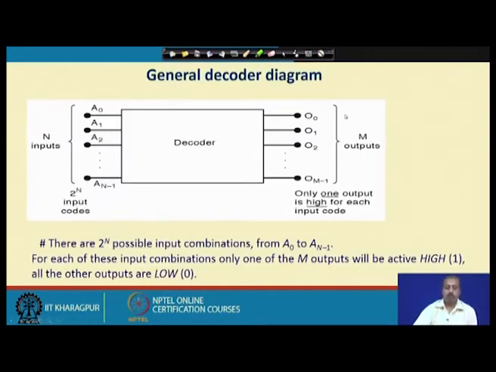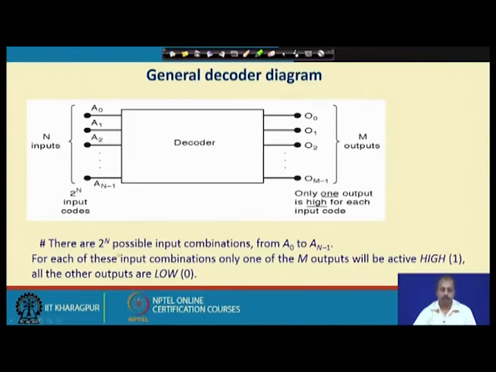In a general form, we have A0 to An minus 1. So, n inputs are given to a decoder and there are m outputs, O0 to Om minus 1. These n inputs can give values which may be any one of the 2 power n input codes, and then one of the m outputs will be made high.